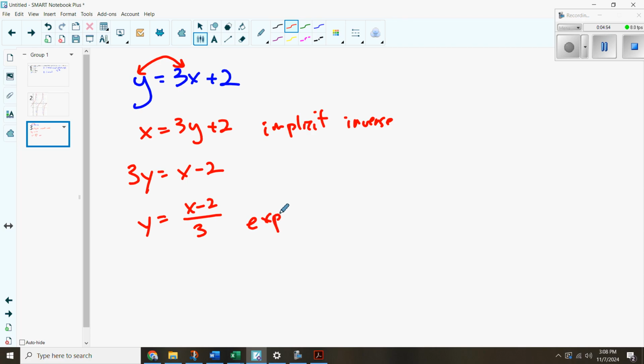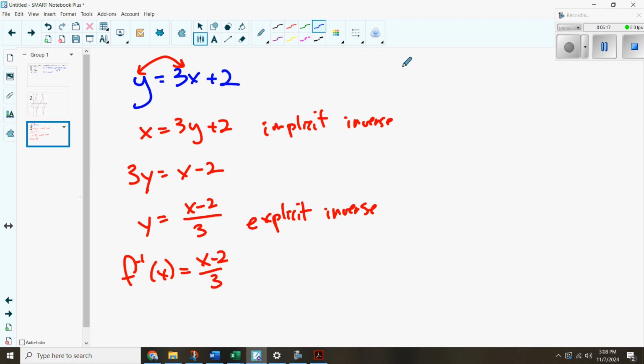That is the explicit inverse. You can't always get an explicit inverse, but sometimes you can, and it's always good to try. And we write that f minus 1 of x. The minus 1 is telling you that it is an inverse function, so x minus 2 over 3.